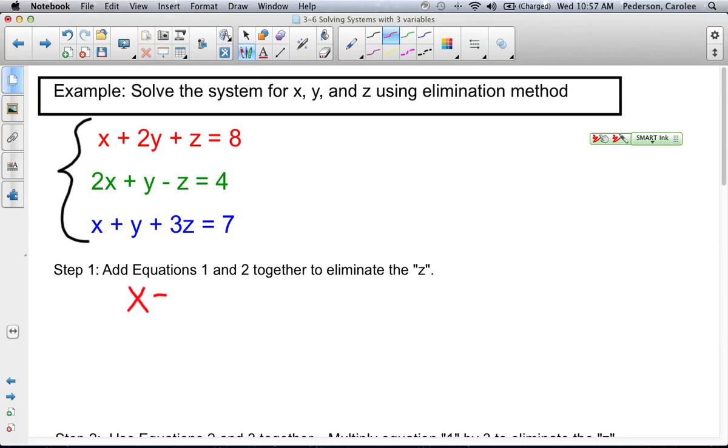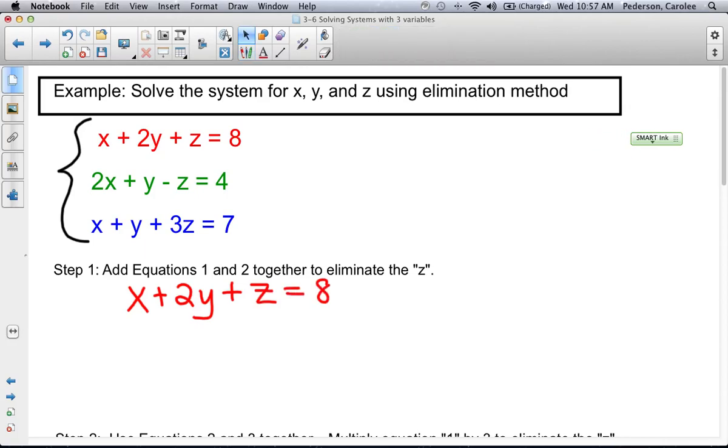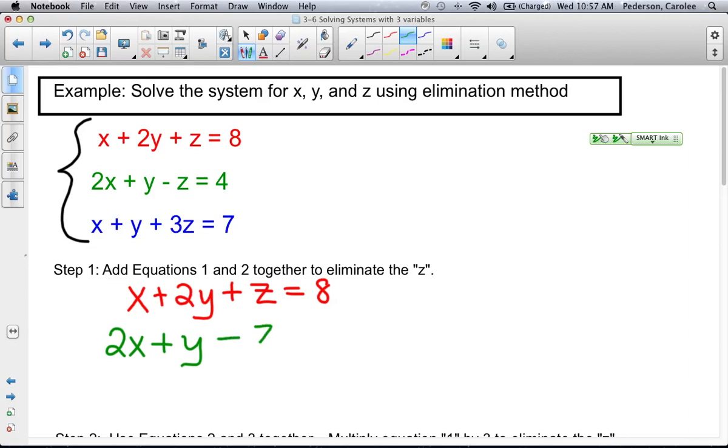The first equation is in red, x plus 2y plus z equals 8. The second equation is in green, 2x plus y minus z equals 4.